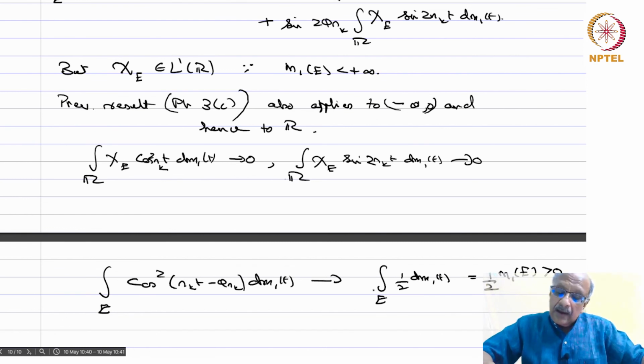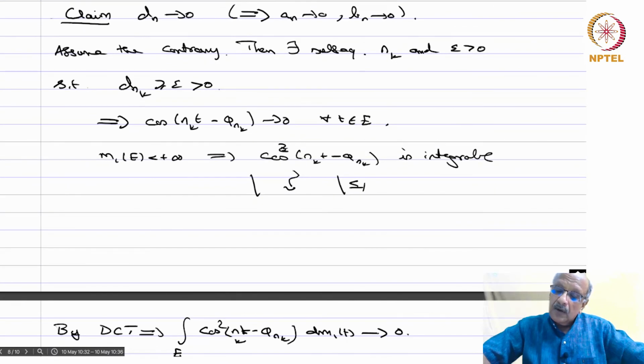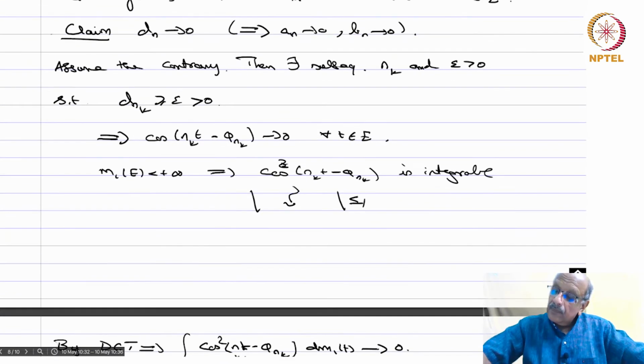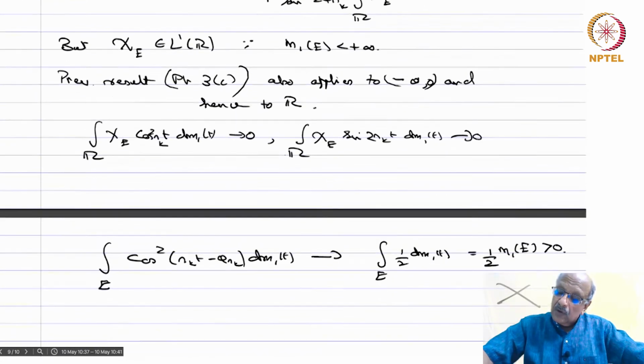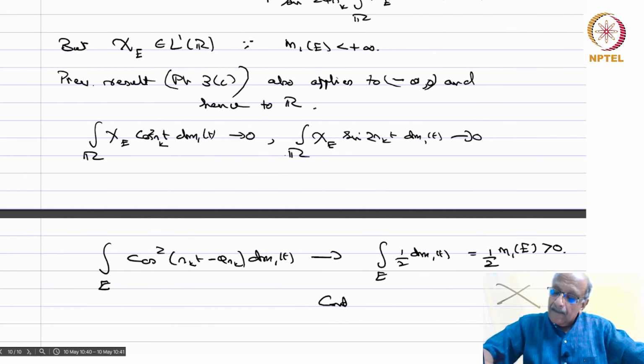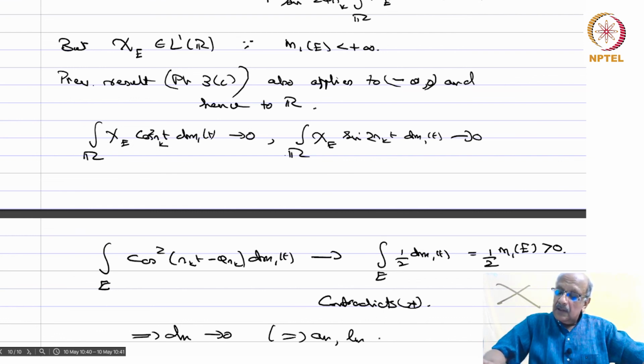But this is a contradiction because we saw that it goes to 0, so it contradicts star. And therefore dn goes to 0 and that implies that an and bn go to 0.